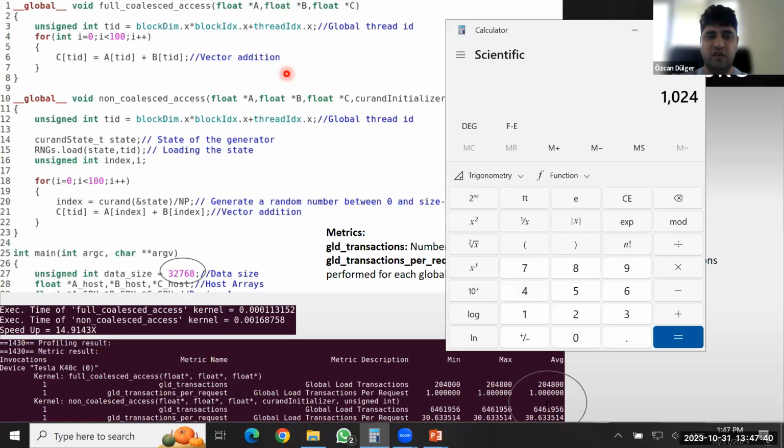All the threads are accessed fully coalesced. So the total number of transactions of the warp will be 200. So when we multiply the number of warps with the total number of transactions of a warp, we get this value, which is here 204,800, as you see.